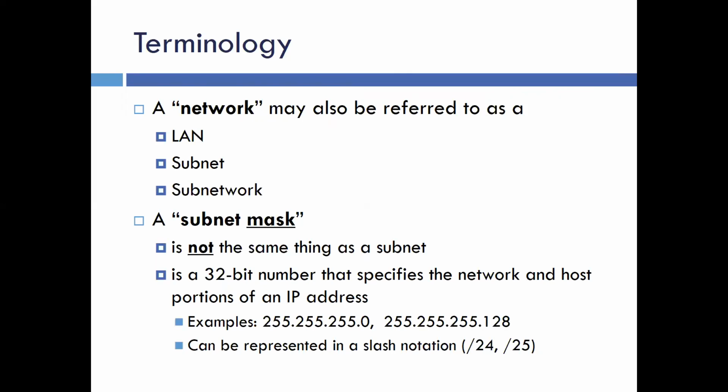A subnet mask is a 32-bit number that specifies the network and host portions of an IP address. Examples include 255.255.255.0 or 255.255.255.128. The subnet mask can be represented using the slash notation, such as /24, /25, /26, and so on.